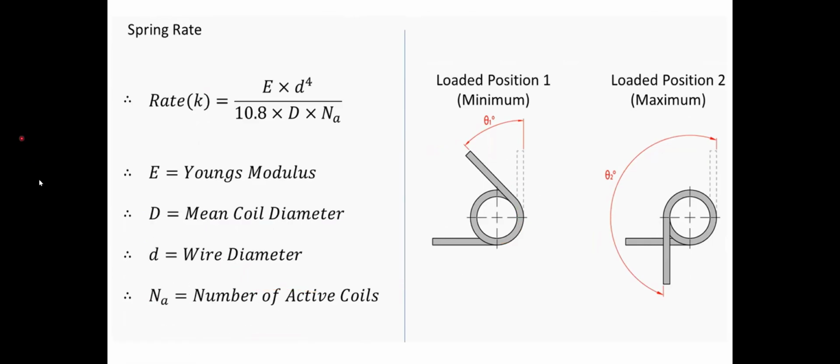As I mentioned previously, the spring rate can also be evaluated from the dimensions and the material properties. The spring rate can be evaluated from the Young's modulus, the wire diameter, the mean coil diameter, and the number of active coils. So we can evaluate the spring rate, or spring constant, from the material properties and the dimensions.